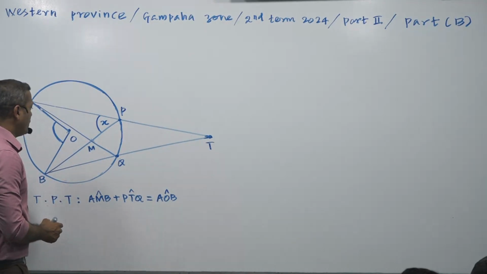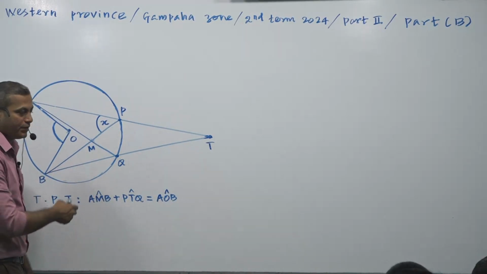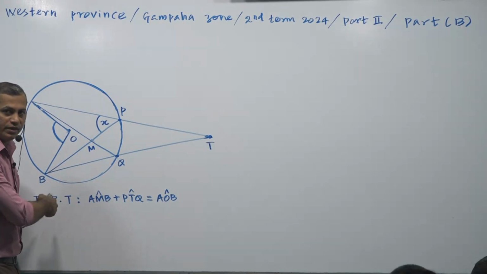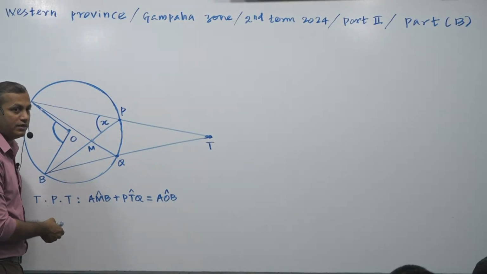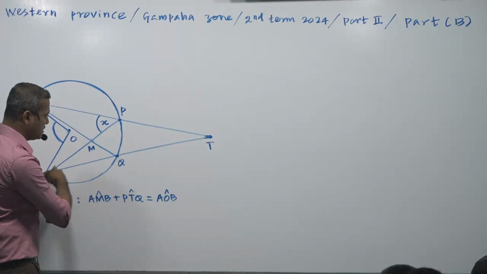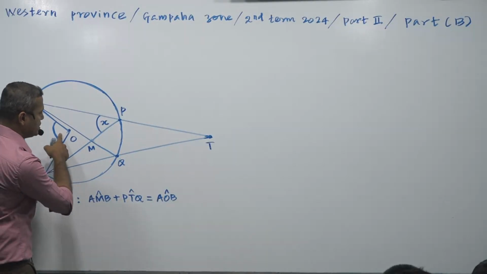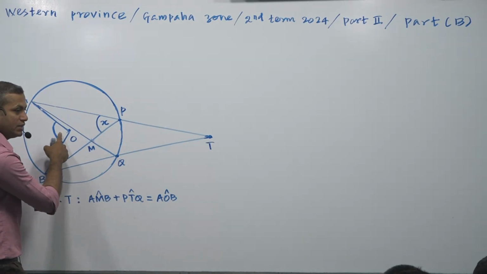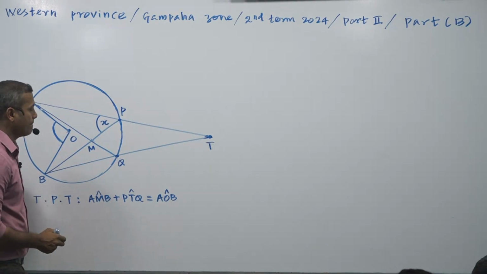So what is the relationship between AOB and APB? Tell me in terms of x, AOB equals how many times APB? 2 times, right? The angle subtended at the center is twice the angle subtended at the circumference. If this is x, this will be 2x.